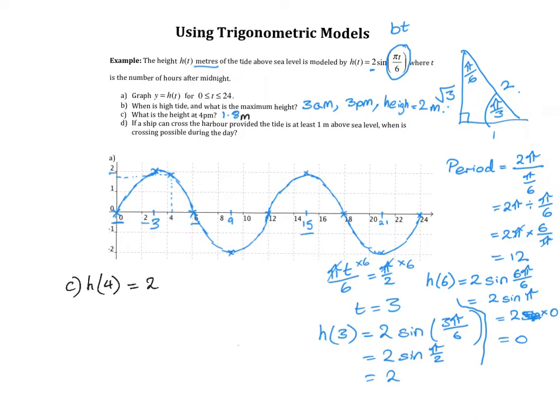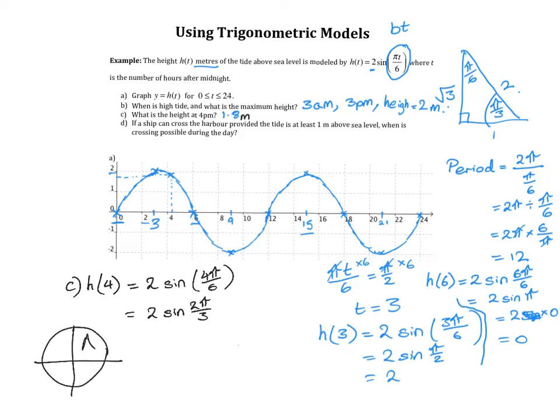So that becomes 2 sine 4 pi on 6. Or in other words, 2 sine 2 pi on 3. Now, using the unit circle, where's 2 pi on 3? That's an obtuse angle, so it's in the second quadrant, where this little angle with the y-axis would be just pi on 3.